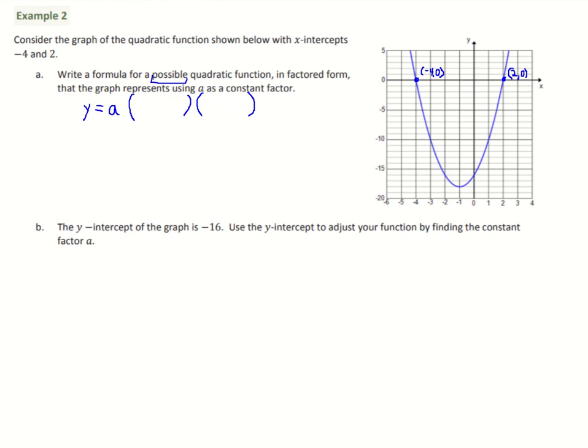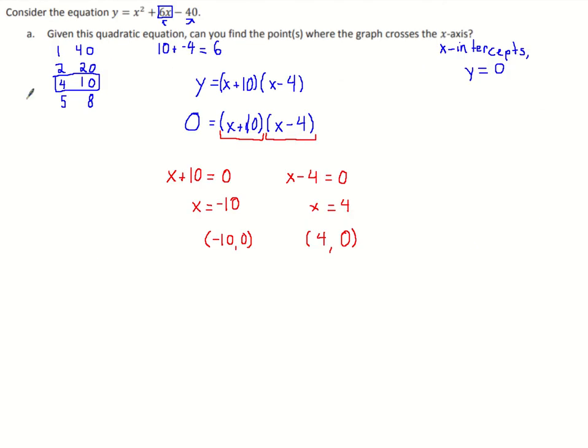Luckily, we can go back and reference what we worked on yesterday to help us out. I'm going to go all the way back to part A, when we were given a quadratic equation and we made it into factored form. When I had x plus 10, it gave me -10, 0. And when I had x minus 4, it gave me +4, 0.